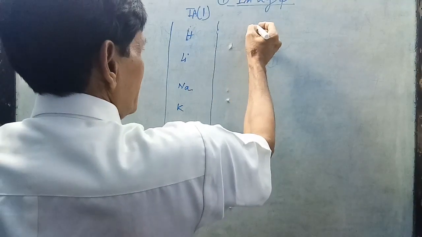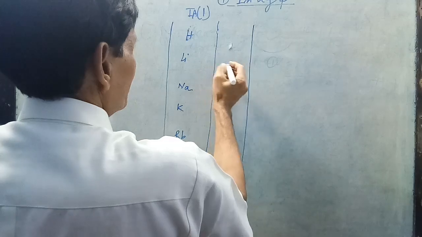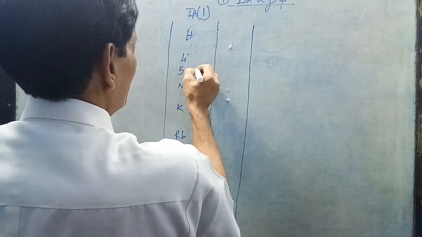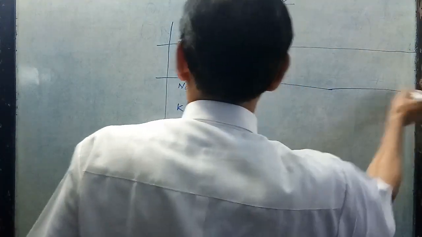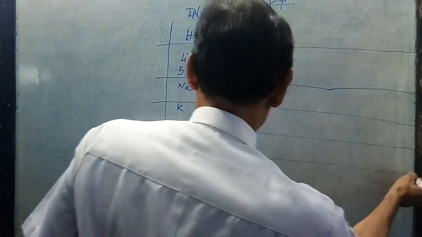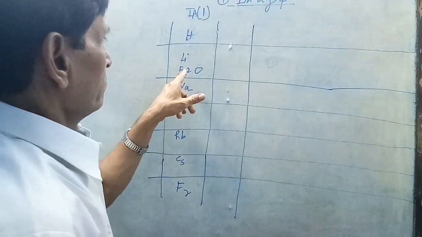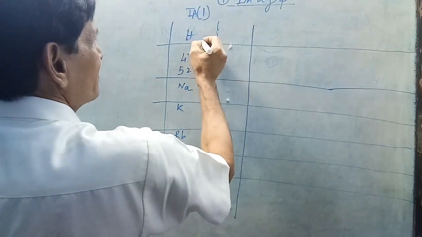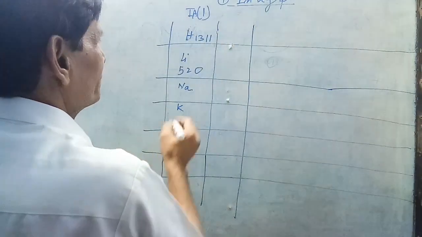Here I am telling some examples. Lithium ionization energy is 520 kilojoule per mole. Hydrogen is 1311 kilojoule per mole.